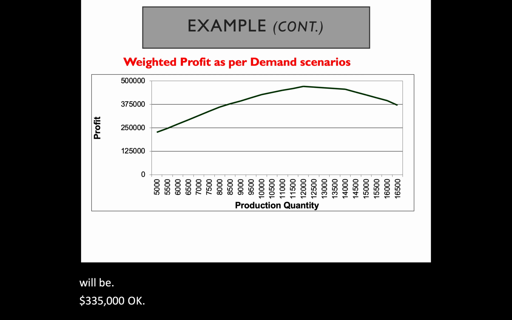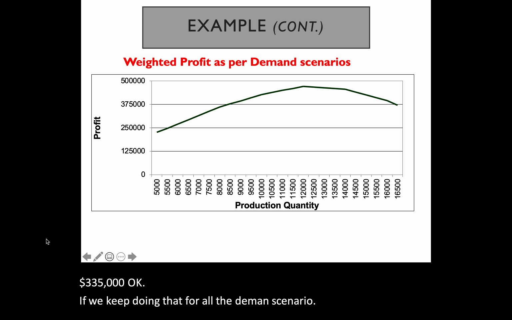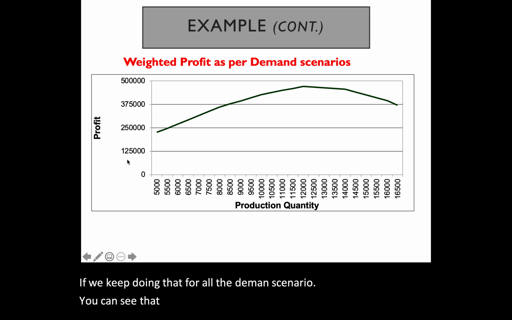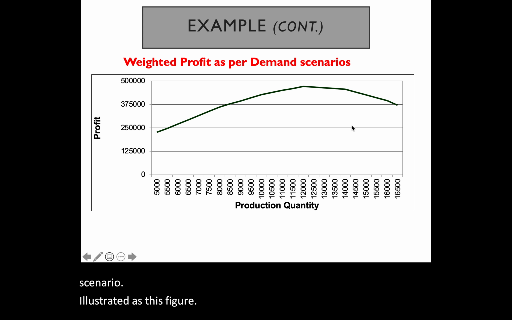Okay, and if we keep doing that for all the demand scenarios, you can see the profit, the weighted profits per demand scenario, illustrated in this figure. So based on this figure, what is the optimal quantity for Snow Time to produce?